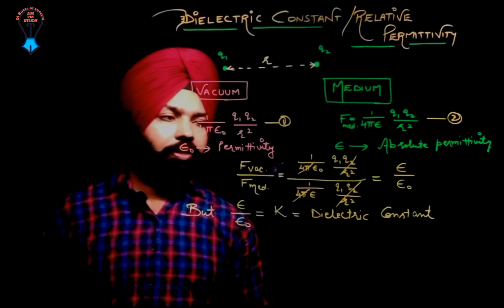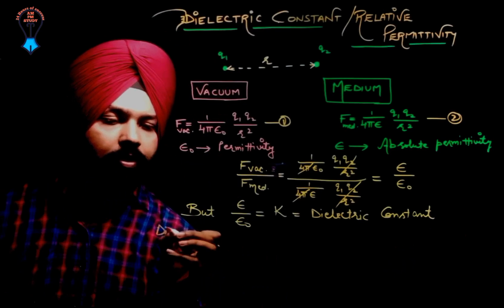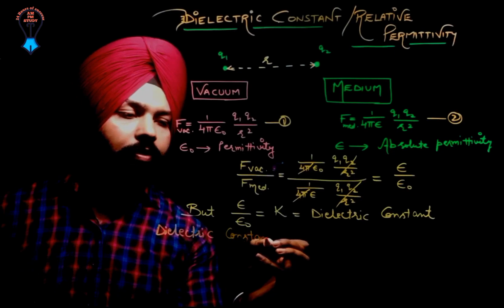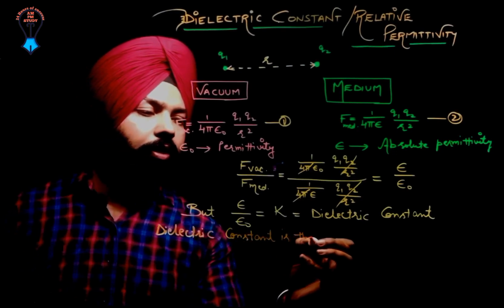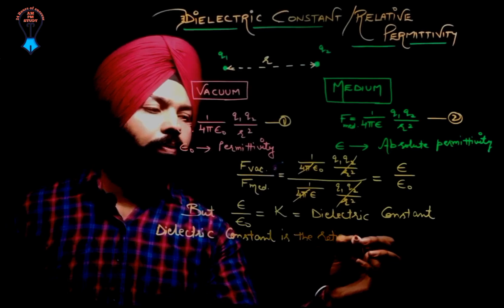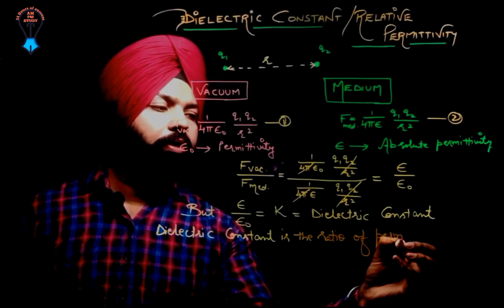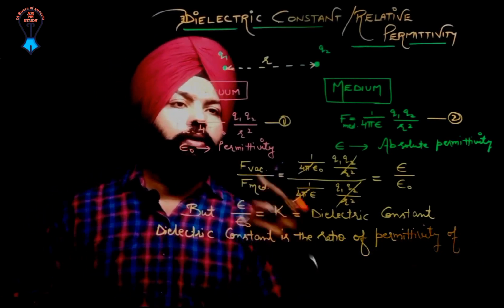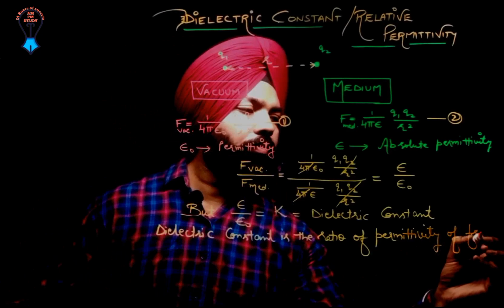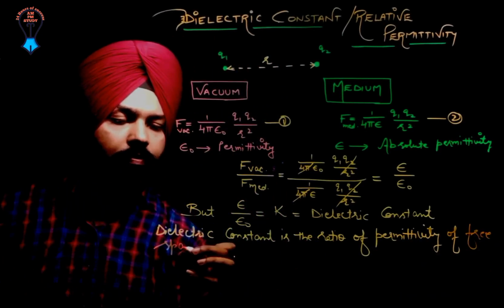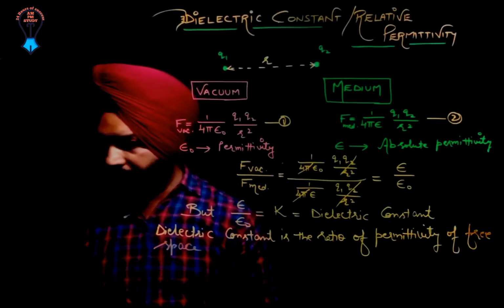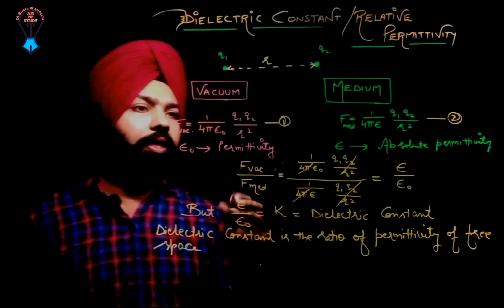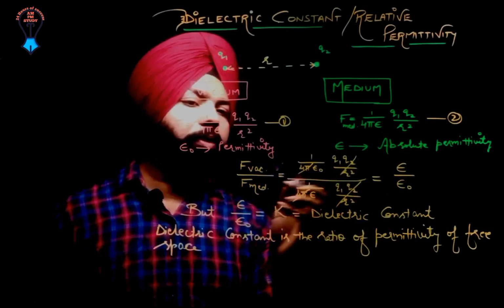So from this, dielectric constant is the ratio of permittivity of free space, because if we write only permittivity, then that will be absolute permittivity.